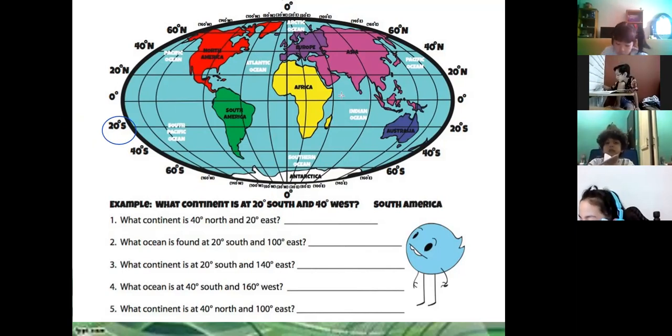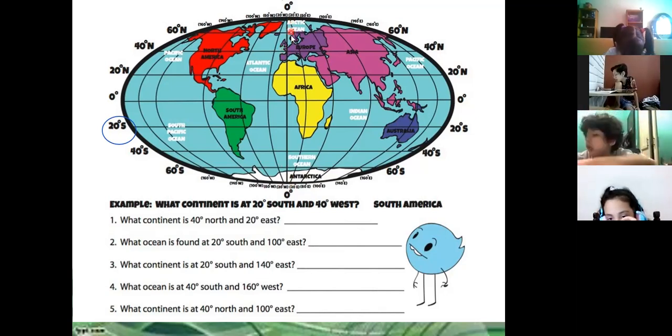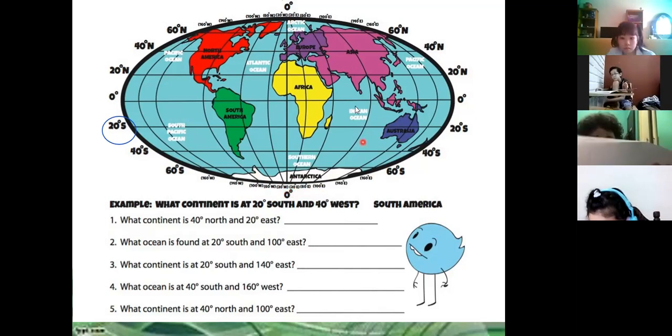We need 40 west. So we go and check where it's 40 west. We look for the lines of longitude, 40 west. Now here they are too small, but here it might be 40 west. Okay, where is 40 west?